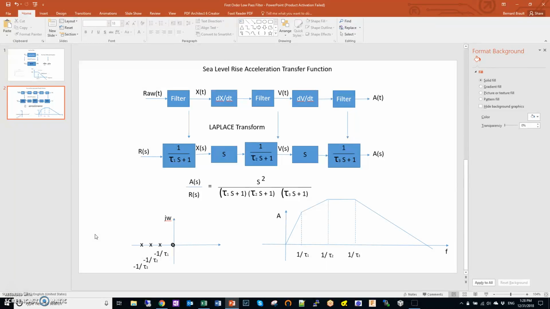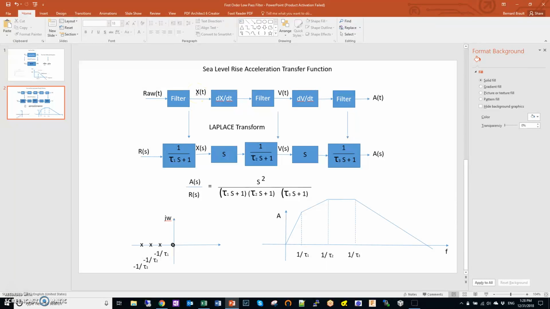So this is what I was doing when I look for sea level rise acceleration, and I'm looking here at the overall transfer function. I had the raw data that was provided by satellite measurement from the University of Colorado. I filtered the raw data, and I got a height, or a filtered height, removing some of the noise.